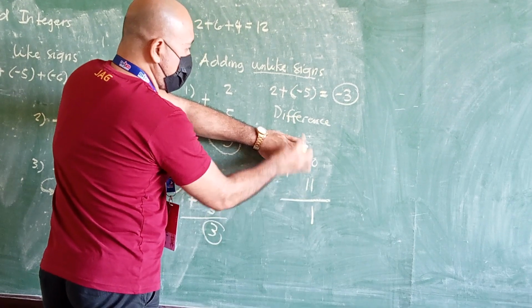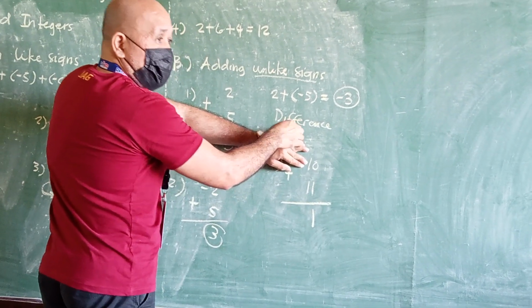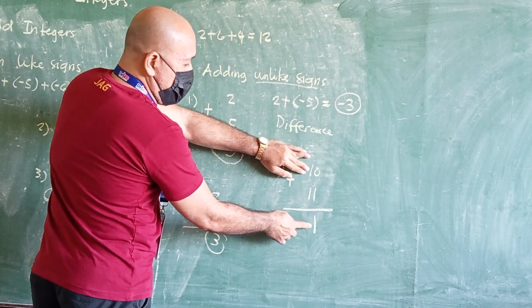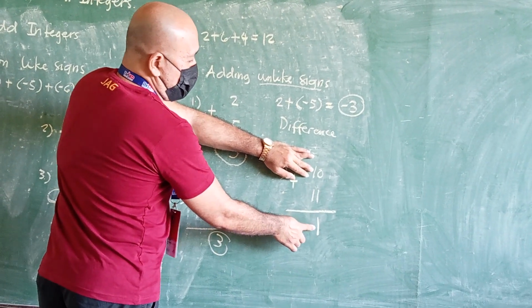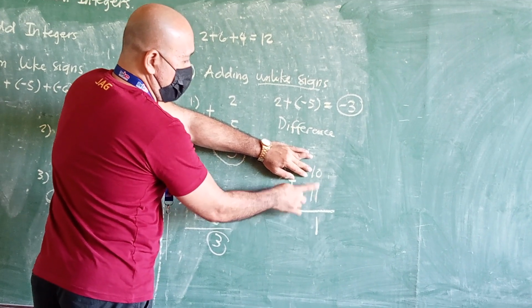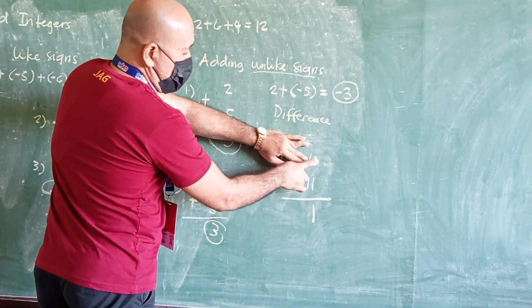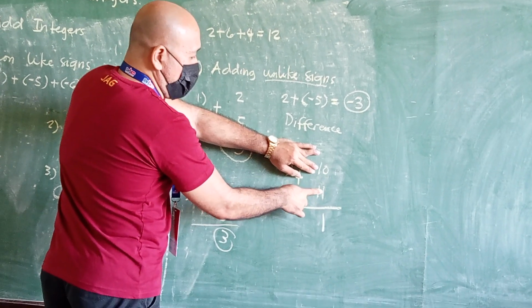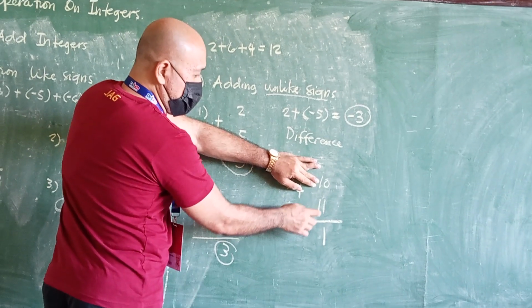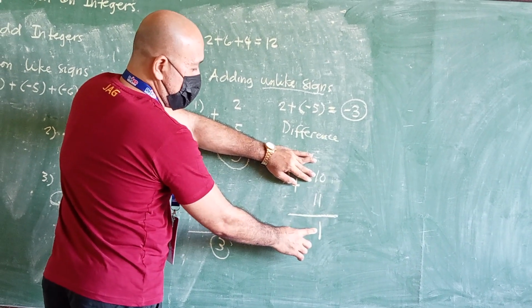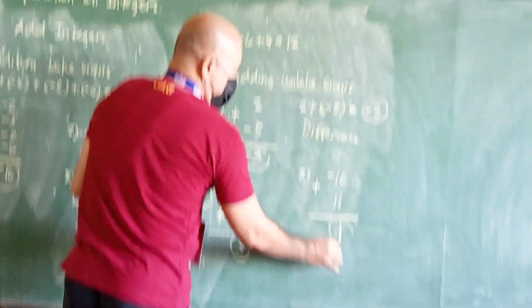So this one is considered your difference. The next thing you're going to do is determine the sign of your answer. Just compare the two absolute values here. The bigger absolute value is 11. Since 11 is positive, your answer must be positive.